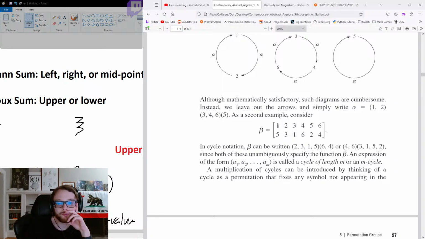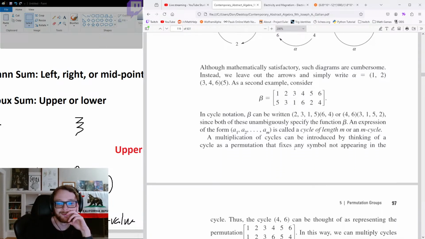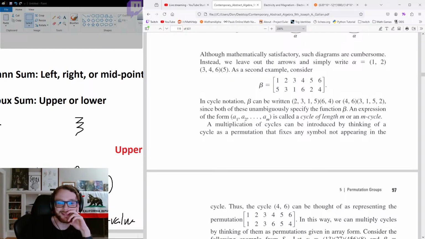Why can't we start with 1 to 5, 5 to 2, 2 to 3, 3 to 1? I guess it's equivalent. I don't like not starting with 1 though. Like, why wouldn't you do that? And they start with 6 for the second one. Okay, fine.